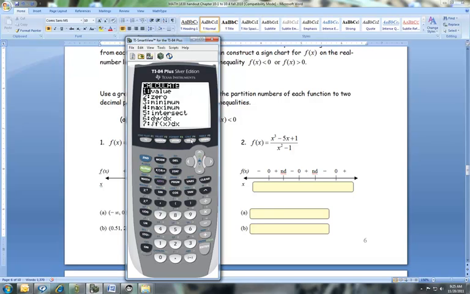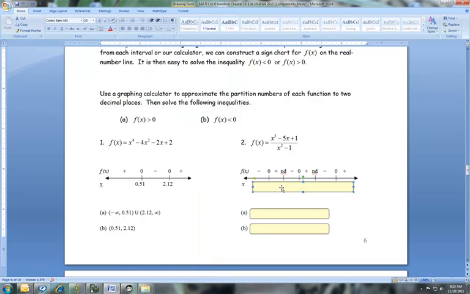Second calc, 0. And it looks like it cuts through between 2 and 3. So I'm going to put 1 and 4. So 2.13. Let's see if that's what I've got. I believe that's what I said.